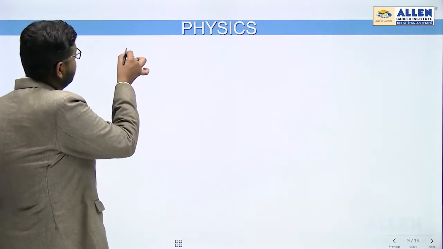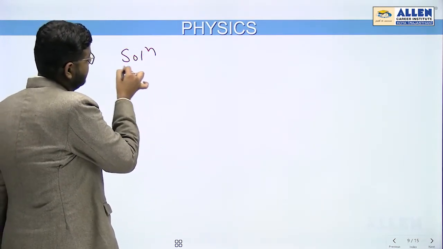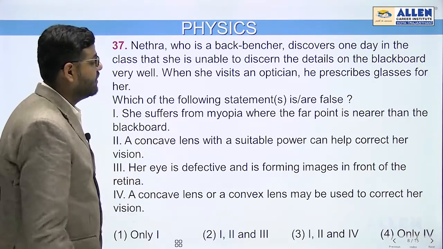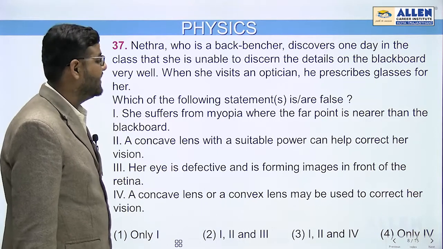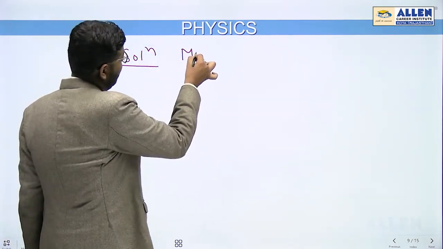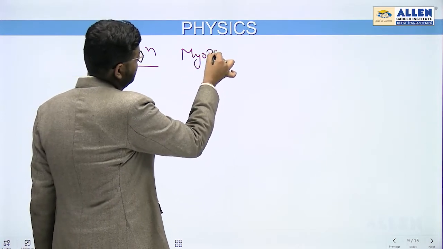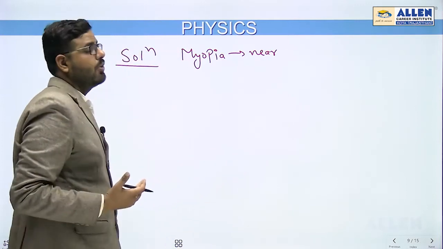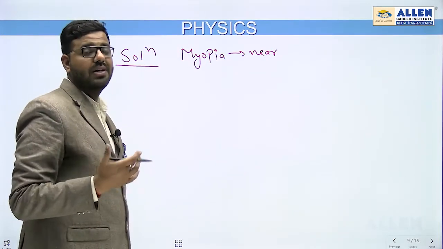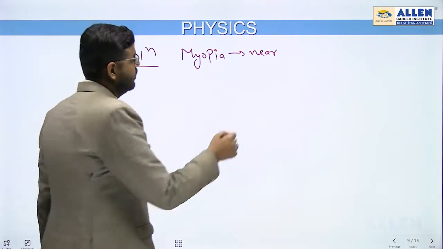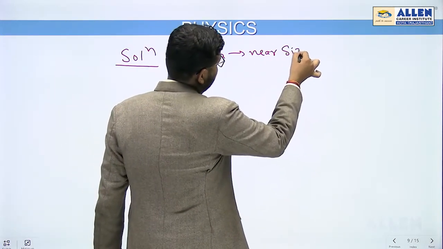So here you can see the girl is unable to see the things written on the blackboard. So statement 1, she suffers from myopia where the far point is nearer than the blackboard. So we know myopia, that is the nearsightedness, in which a person is able to see nearby objects clearly but can't see clearly the objects placed far apart.